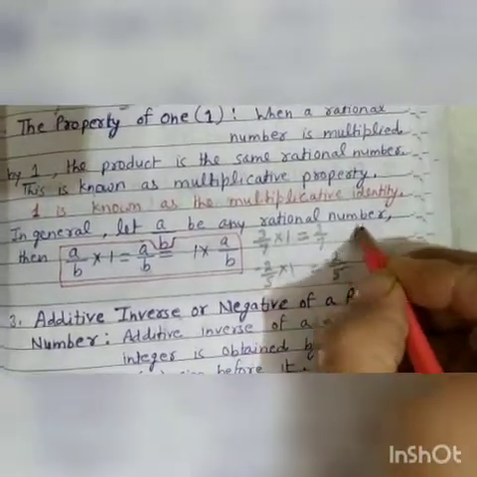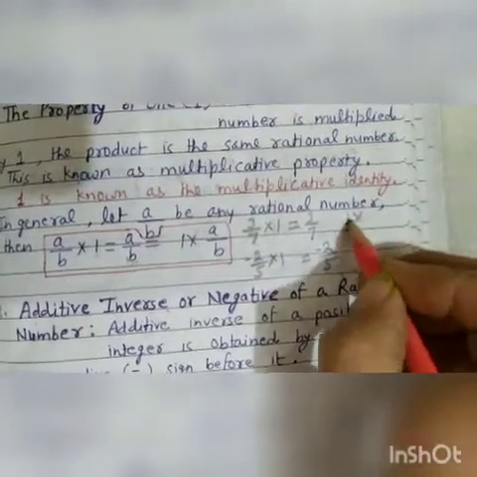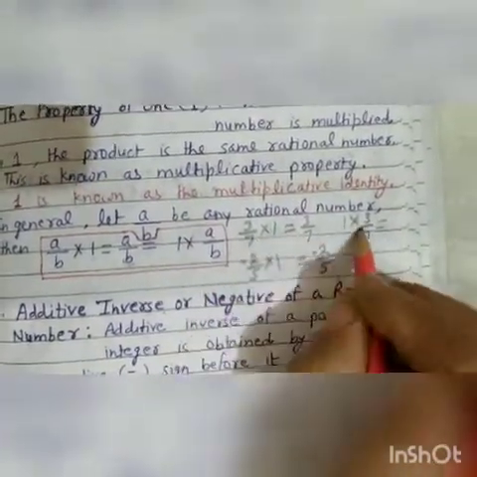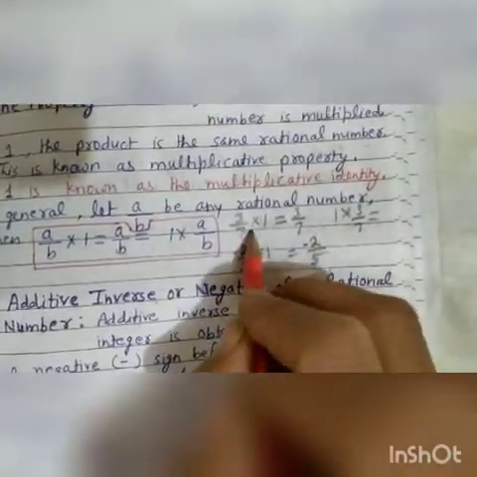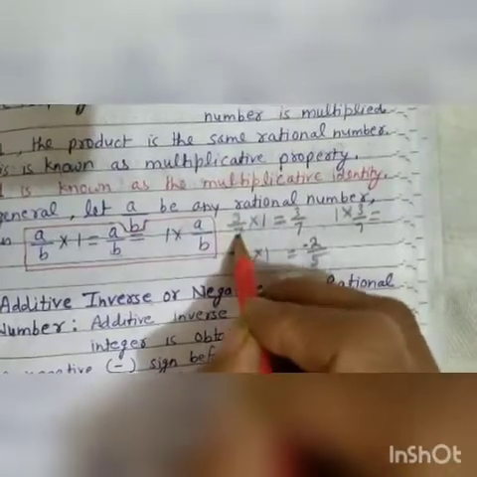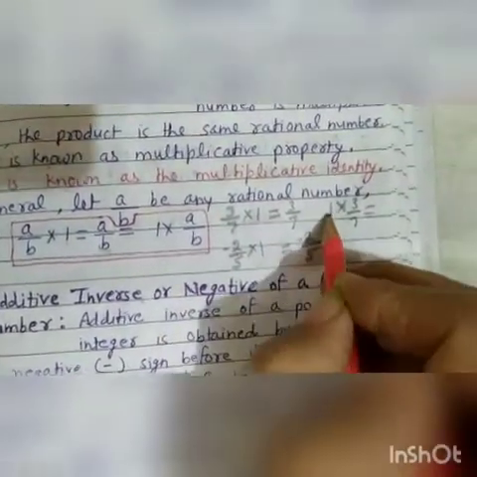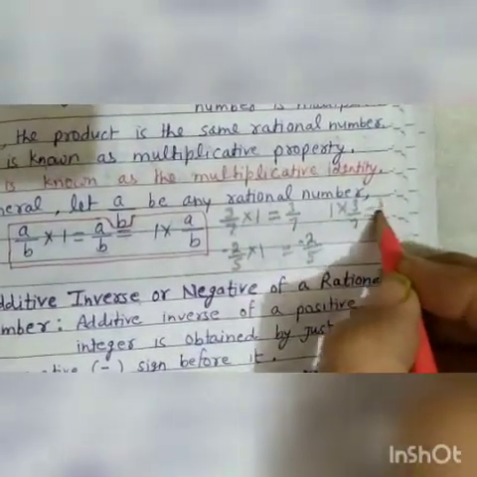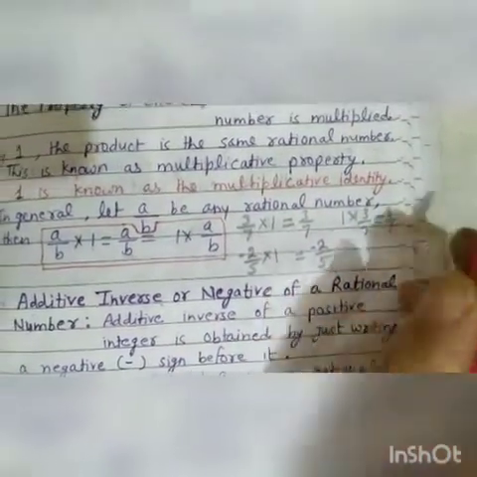This time we are multiplying 1 by 3 upon 7. What is the difference between these two examples? Here we are multiplying 3 upon 7 by 1, and here we are multiplying 1 by 3 upon 7. In both the cases we get the same rational number as answer.